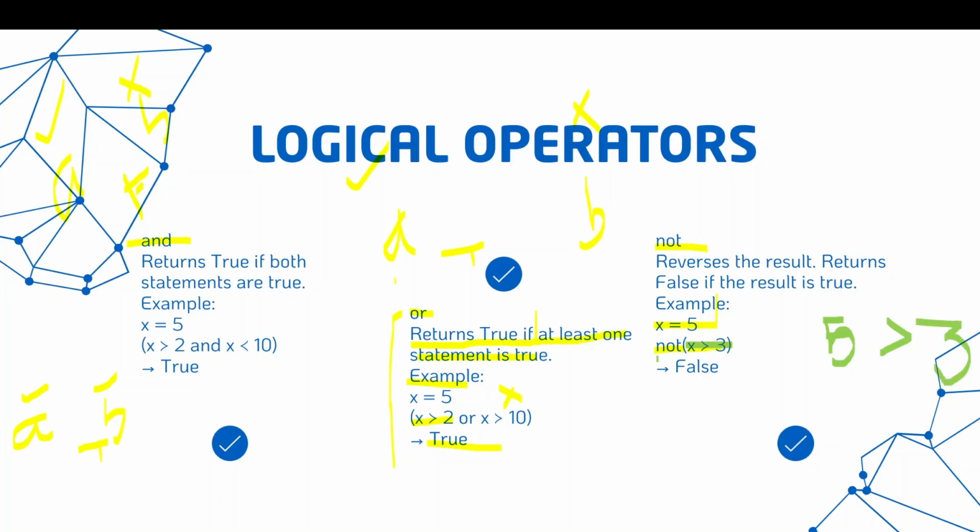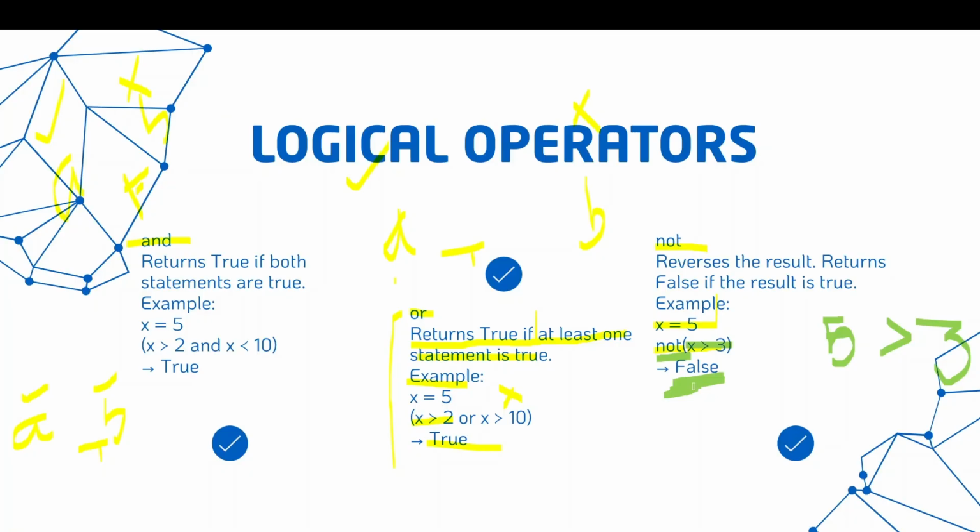But we are using this new operator, the not operator, and only because of the not operator and its condition, which is to reverse the result, we are getting false. So if you want to reverse the result, just use the not operator.